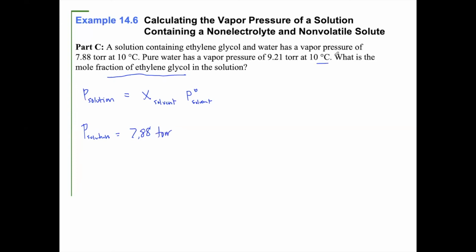The other pressure is also at 10 degrees Celsius. The pressure of pure water vapor is 9.21 torr. So the mole fraction of the solvent, which is water, is going to be the pressure of the solution divided by the pressure of the solvent, or of water.